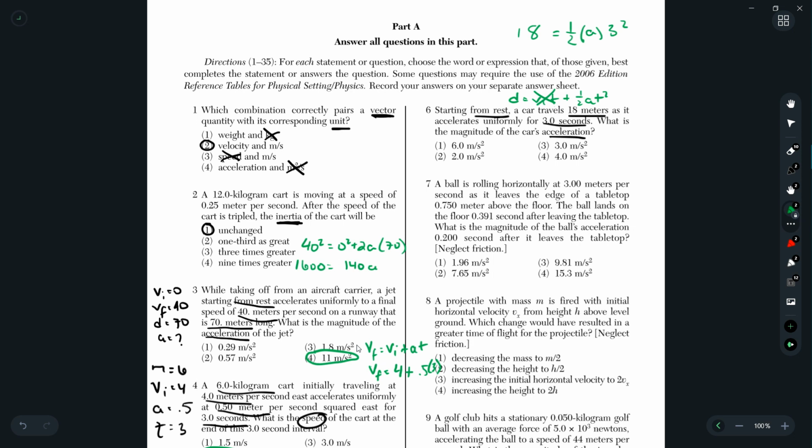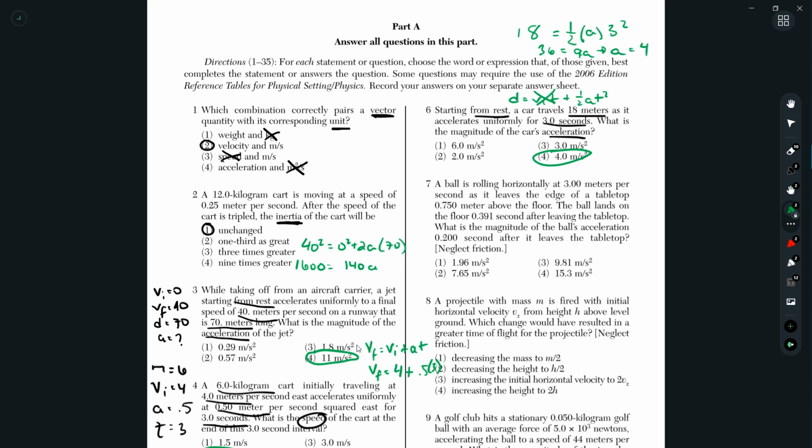So 18 times 2, 36, is 9a, which means a has to be 4 meters per second squared. Is that math right? Yeah, it's also 18 divided by 4.5.